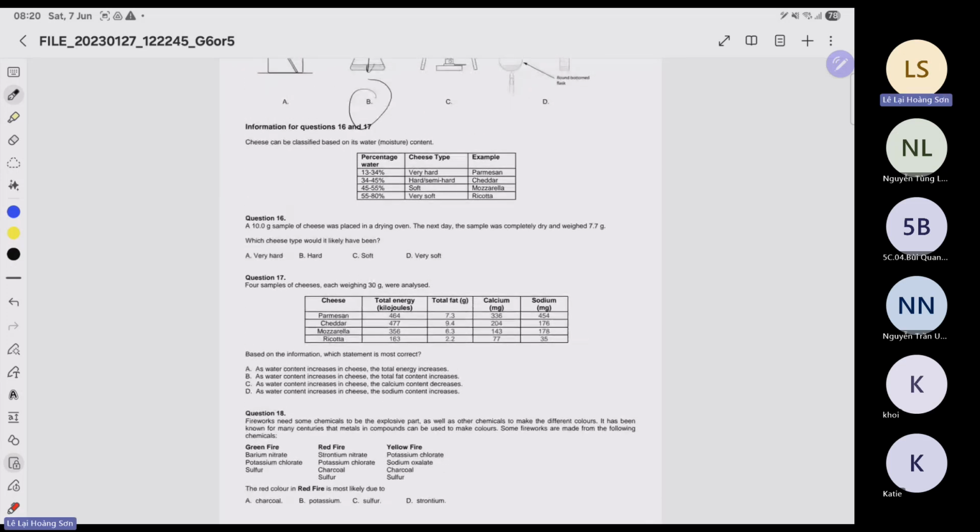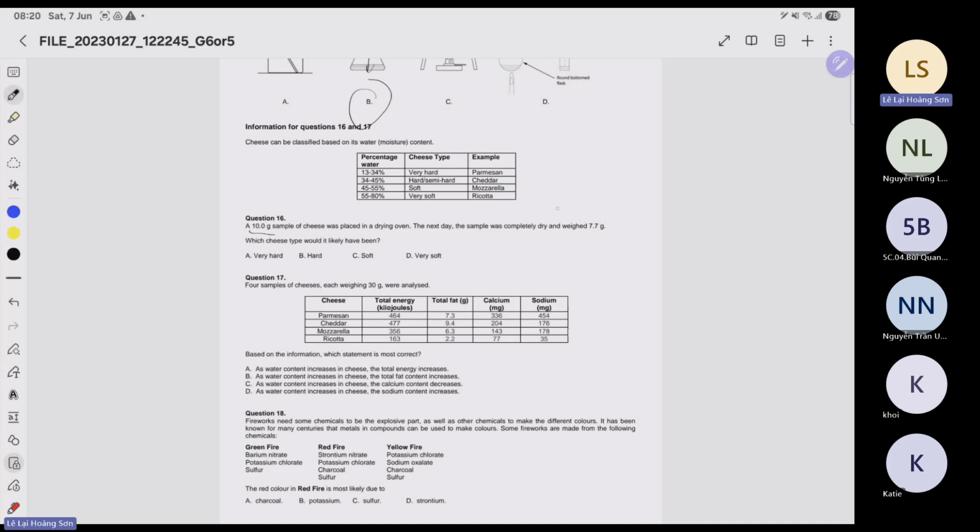A 10 grams sample of cheese was placed in a drying oven. Next day, the sample was completely dry and weighed 7.7 grams. What cheese type is it? Okay, so you have to calculate the percentage of water that you have. All right. So 10 grams is the amount of cheese in the first plate, and 7.7 is the mass of dry cheese.